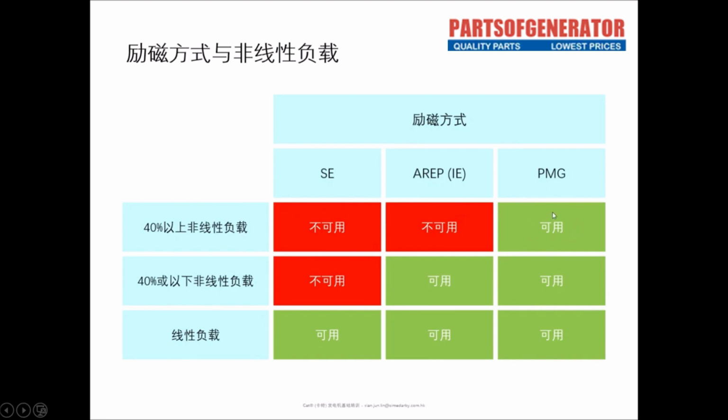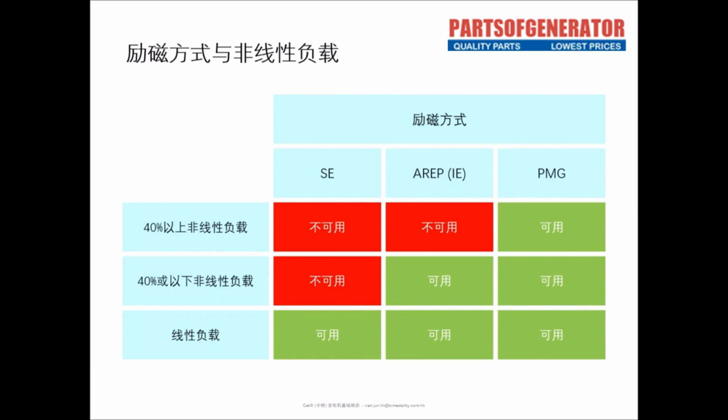In this case we can only choose internal excitation or permanent magnet. In the third case, when our nonlinear load is higher, then we only have permanent magnet, which is the only option.